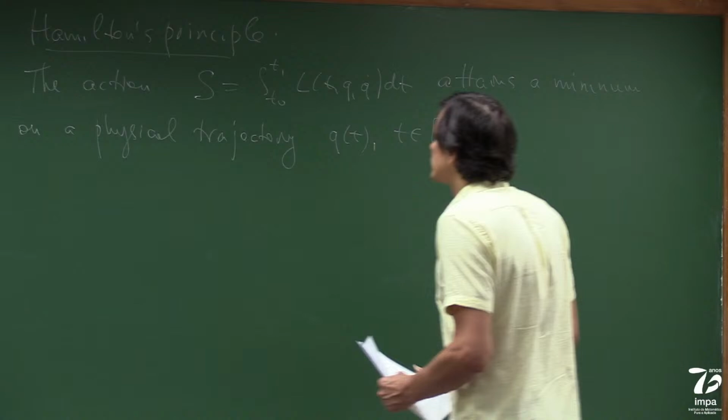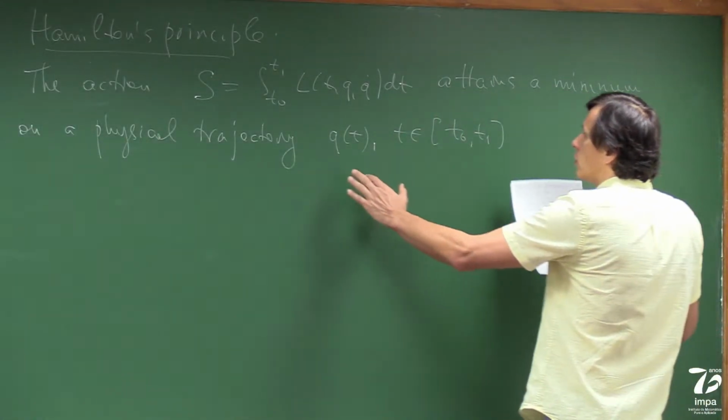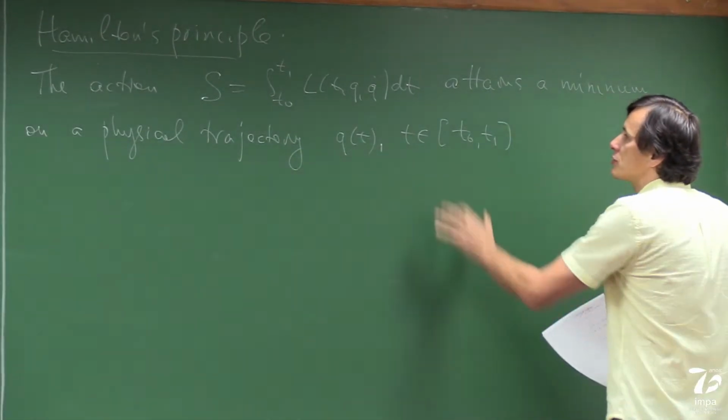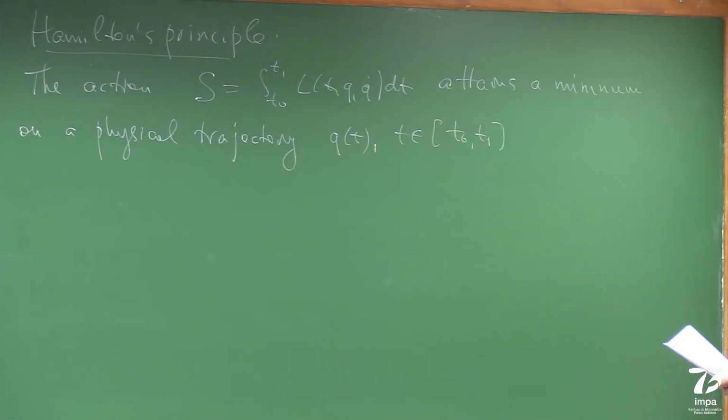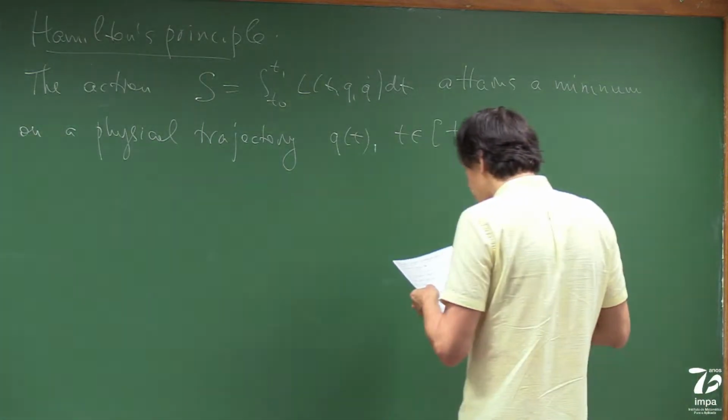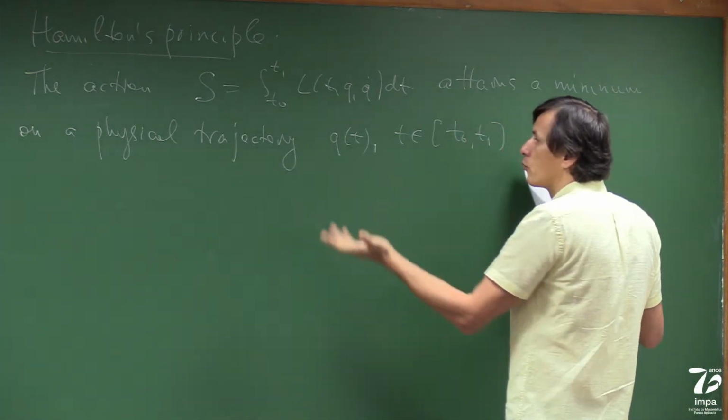So for the physical trajectory, whatever other trajectory you put on this interval, S should be bigger or equal. But now there is an extra condition again. So a minimum among what?